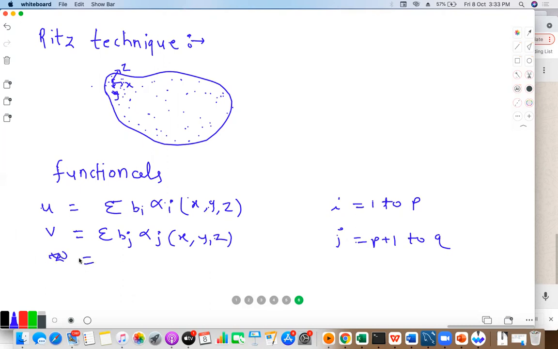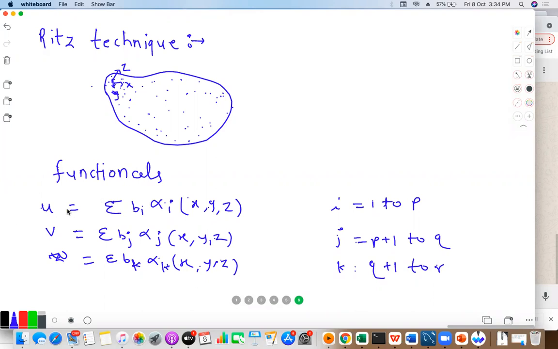And for w it is the summation of b_k into alpha_k(x, y, z), where k varies from q plus 1 to n.